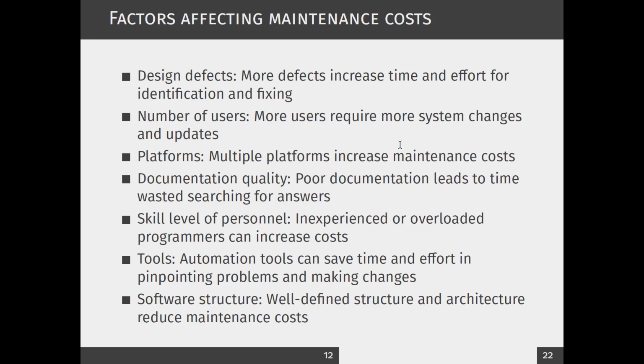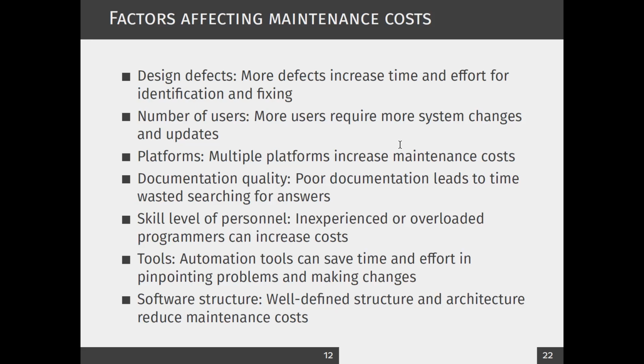Sixth one, tools. You can always use automation tools. The automation tools can save a lot of time identifying the problems and also making the desired solution. Last one, software structure. Remember the software structure, again, very important.